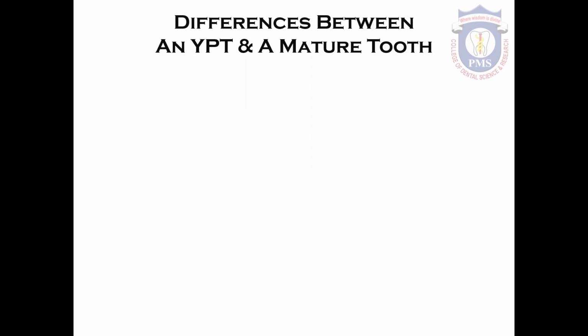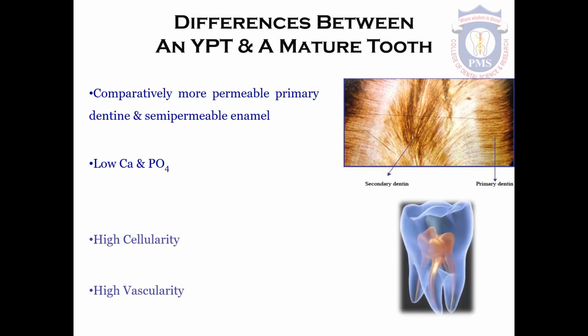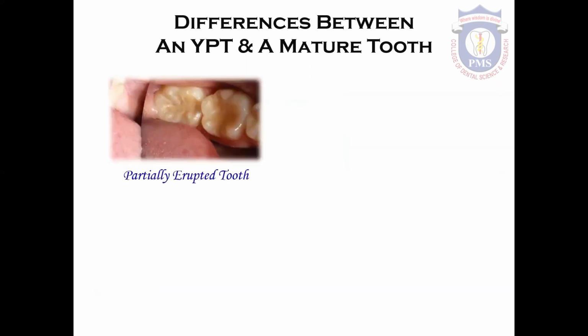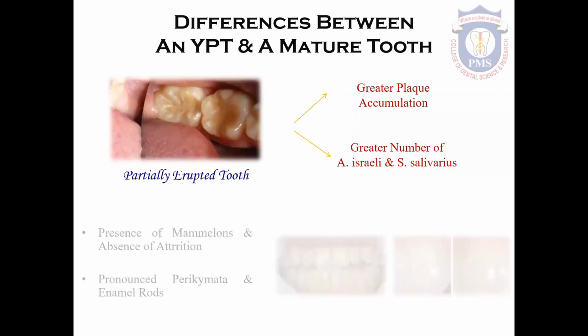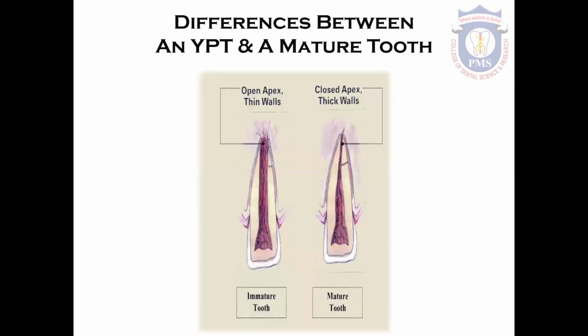So, what are the peculiar features of young permanent tooth compared to a mature tooth? They have comparatively more permeable primary dentine and semi-permeable enamel, low calcium and phosphate, high cellularity, high vascularity, presence of mamelons and absence of attrition, pronounced perikymata and enamel rods.